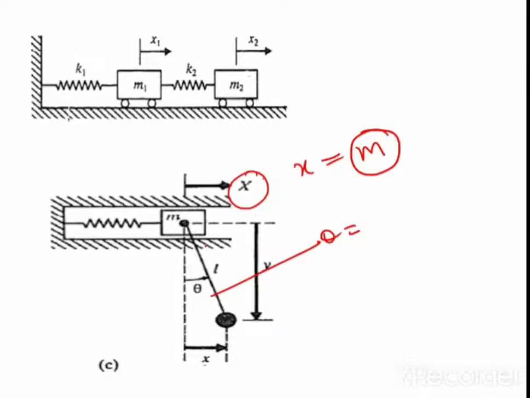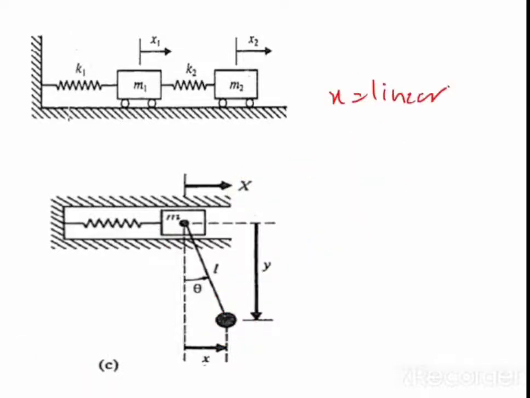Theta is also a parameter which will satisfy the motion, because how is the motion of this pendulum? The motion of the pendulum is oscillatory, which means there is an angular displacement of the pendulum, theta. Basically, x is a linear displacement and theta is an angular displacement.